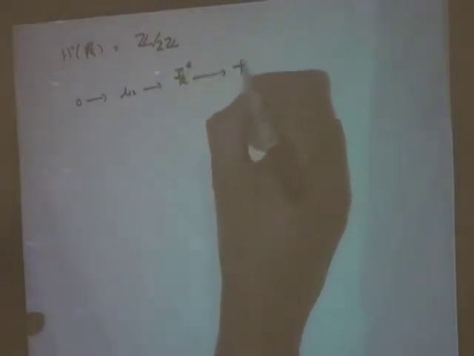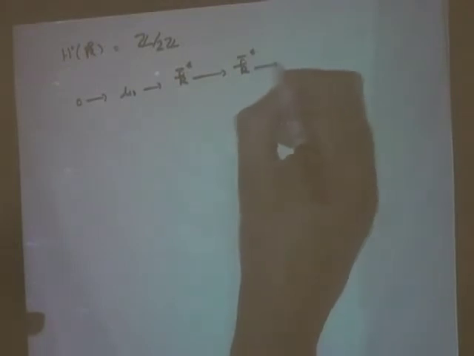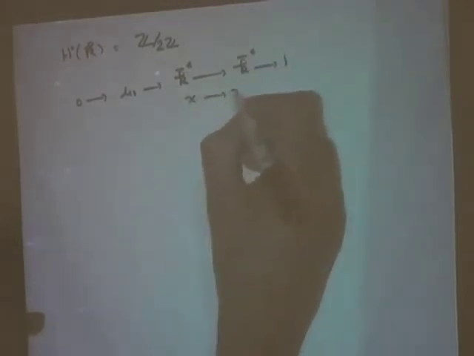Okay, so we see immediately that H^0(K) is simply Z mod 2Z, the invariants. And what is H^1 of K? So we have this exact sequence of Galois modules, mu2 to K bar star to K bar star. This is the squaring map, x goes to x squared, and the kernel is simply mu2.